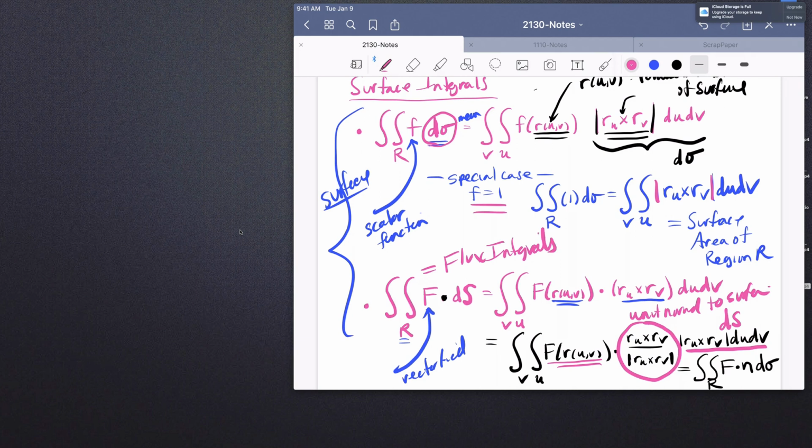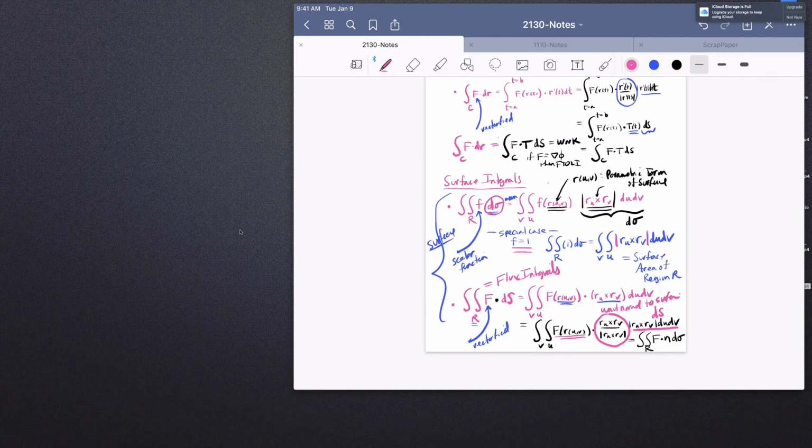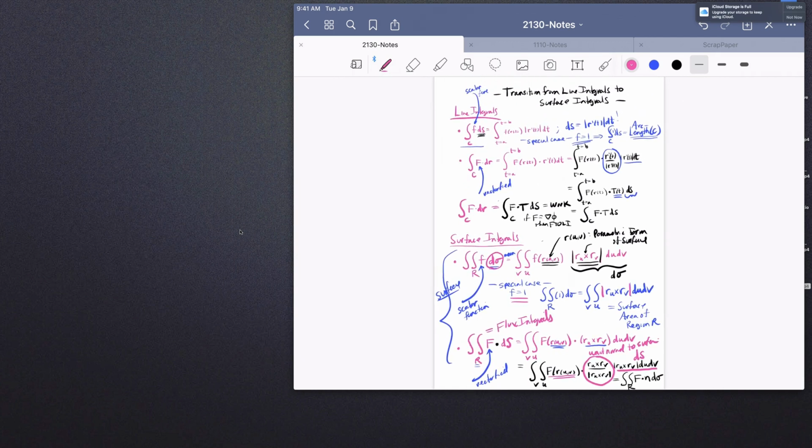If we zoom back out and look at the patterns that are forming, we can see the comparison between line integrals and surface integrals. In future videos, we will need to transition into surface integrals, and just as in the line integral case where you had to compute the parametric form of the curve, the key in the surface integral section is that we will have to come up with a parametric form of the surface.